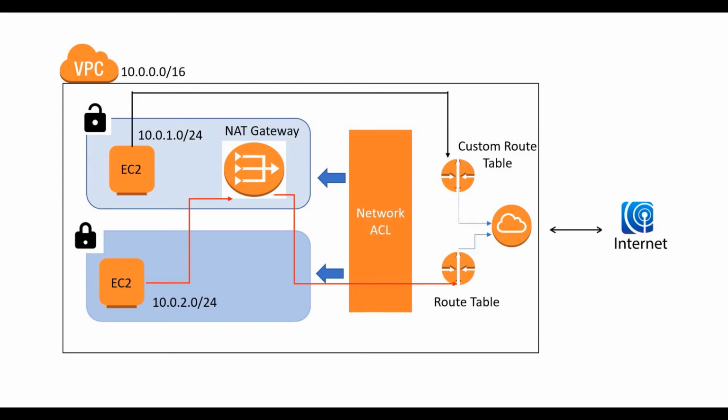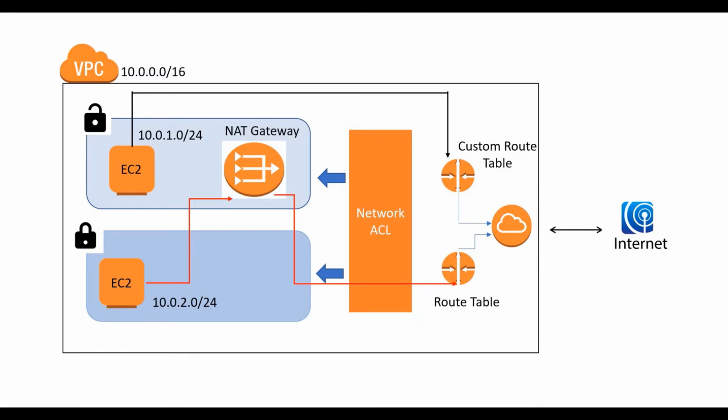I'll give an example. Assume you have an EC2 instance, and you want to install some software like Java or any database into your system. Unless you have an internet connection, you cannot download those updates and get them installed.